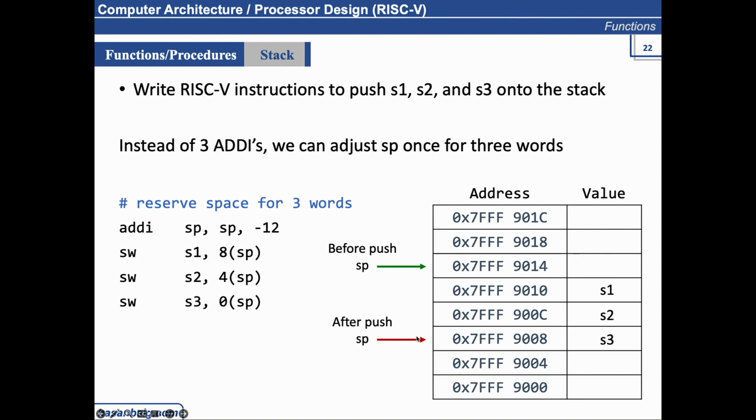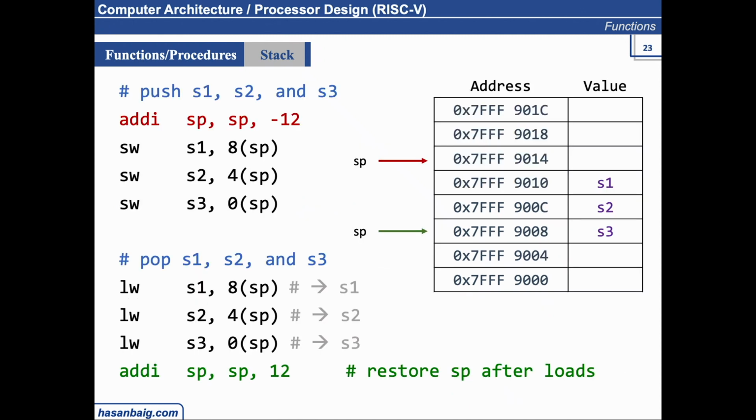Any question here? Then what we need to do in the end: suppose that after pushing, we are popping the elements out. Just as we deduct 12 all at once, we can also add 12 in the end, instead of executing add statements one by one.